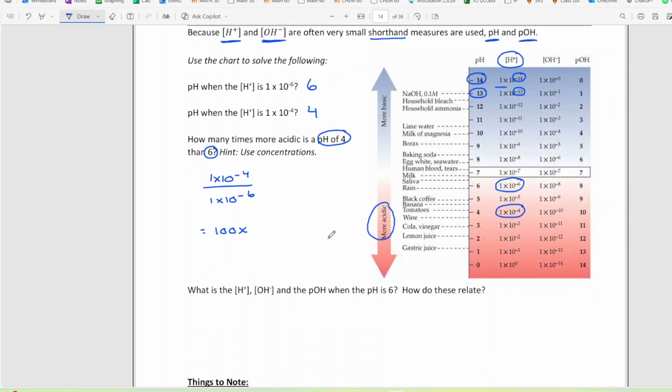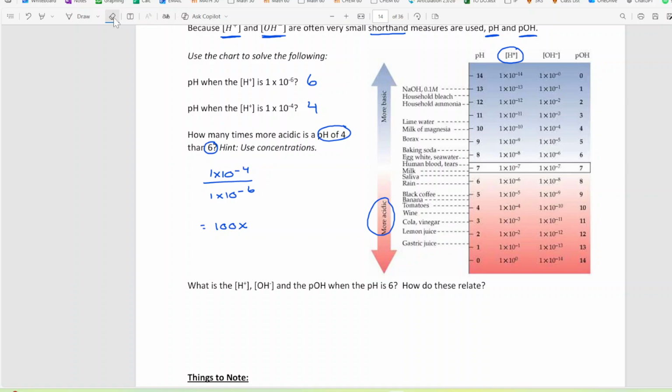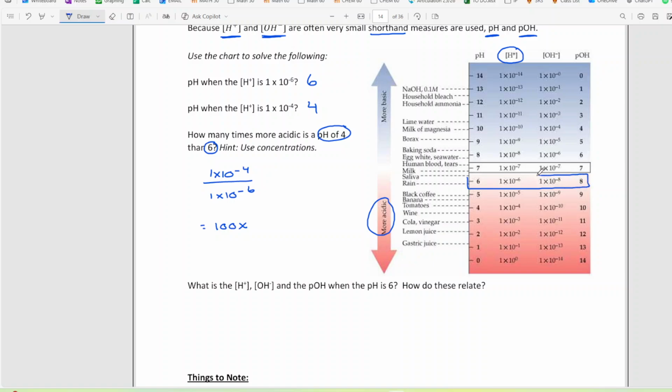And then I also want to look at the relationship between all the concentrations and pH and pOH. So we've been focusing here on just pH, but let's try to look at it all. So let's take one line on this chart. Okay, let's take the line of a pH of 6. Here we go.